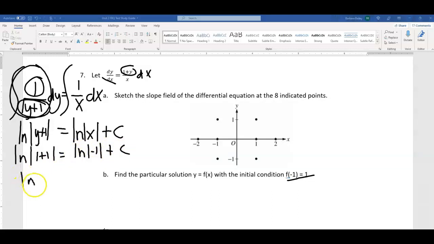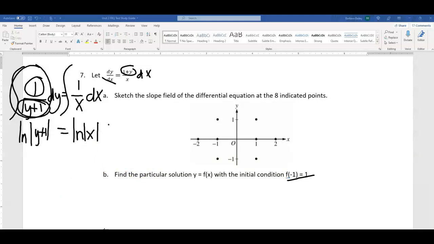So this comes out to be ln of 2. Now the absolute value of -1 is 1, and ln of 1 is 0, so that just kind of goes away. And so I'm left with c equals ln of 2. It's kind of a weird c value, isn't it? But there it is. All right, so that's another point. So now we're up to 4 points on this question.